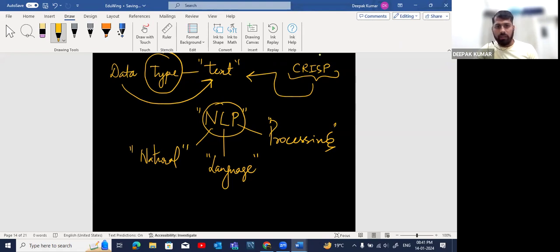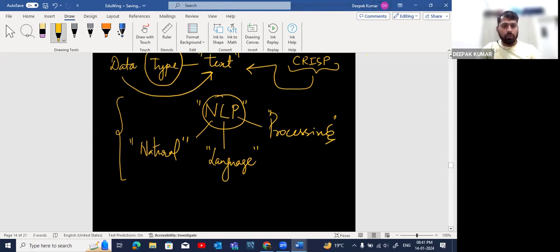Have you ever been introduced to this terminology, NLP, anywhere in any context? No? Okay, fine. So do remember there is a term called NLP.